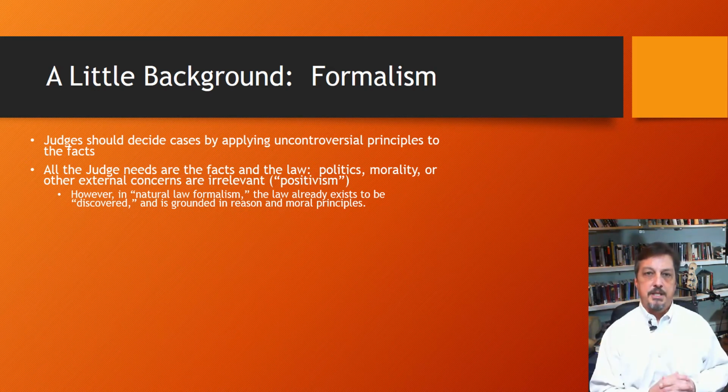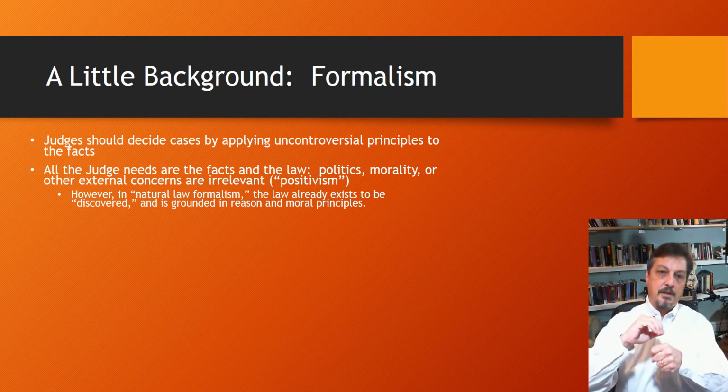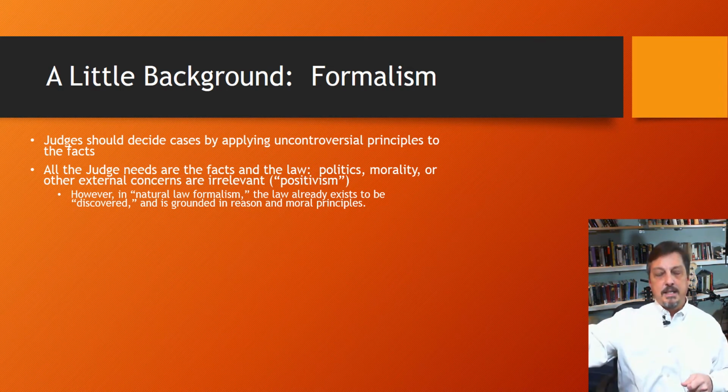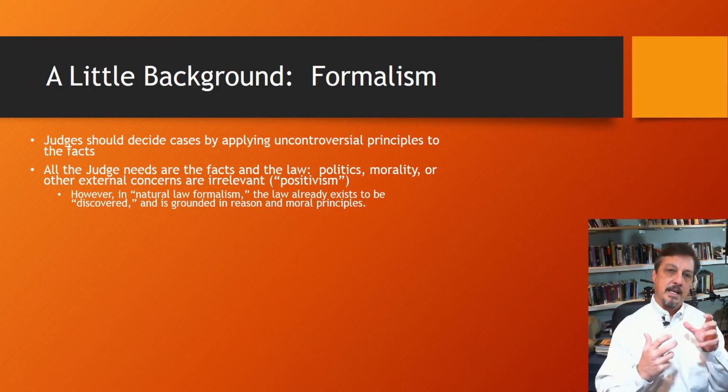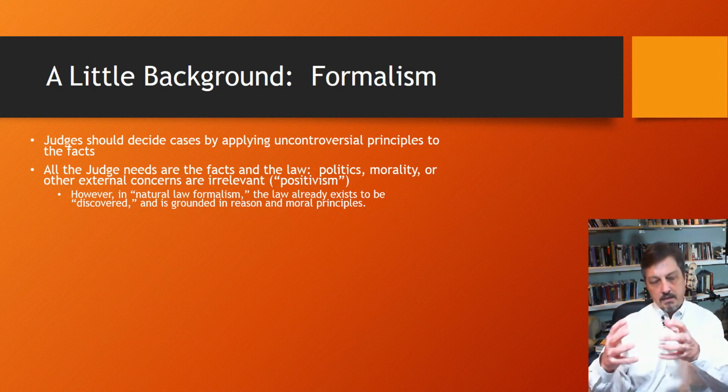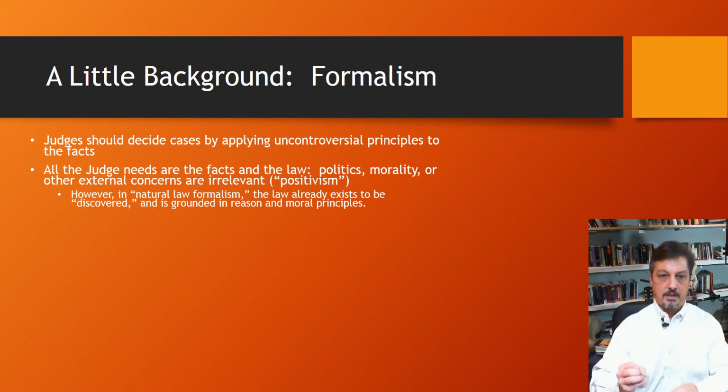But what you should note is that in formalism, it's not a natural law theory, because the idea is in the actual exercise of doing law itself, of judging itself, we're not taking some external moral principle and saying, you know, I think the moral result would be this. We're taking a settled body of law that's not controversial, and we're saying, given this settled body of law, it should be this.